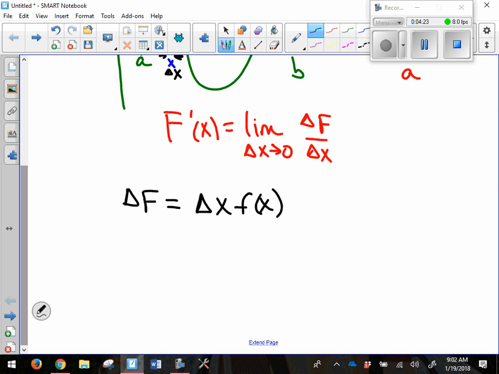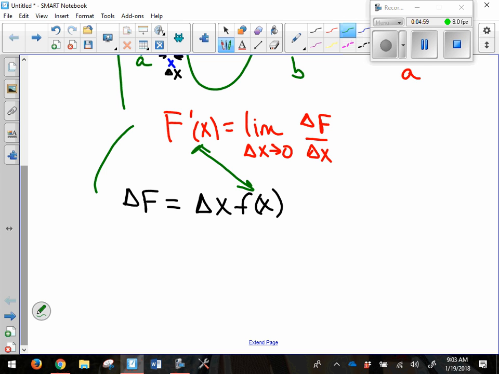And I know why I think that's true. Anybody know why that's true? What am I effectively saying if I compare these two things? That these two things are equal, right?